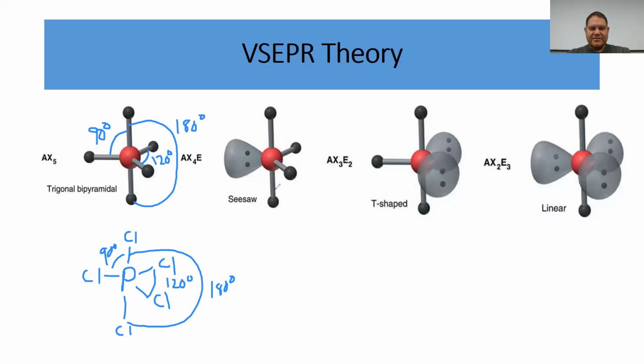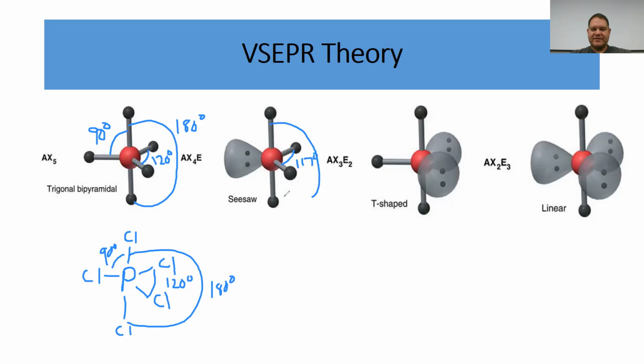Now, seesaw, the only difference is we take off one bonding pair, we have a lone pair. And so what's going to happen is, first of all, there's going to be no angle here between this bonding pair and the lone pair, okay? But there will be an angle here. Instead of 120 degrees, that lone pair is going to cause that angle to get smaller to 117 for that seesaw.